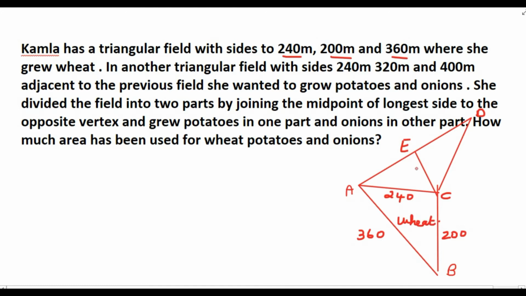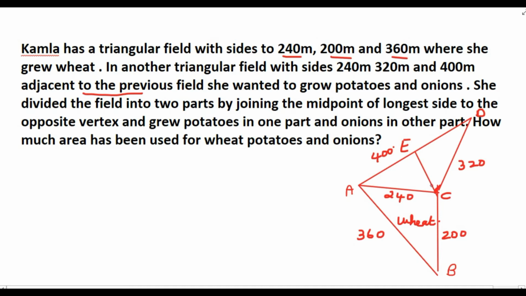In another triangular field which is adjacent to the previous field, so one more triangular field is there adjacent to this field, with sides 240 meter, 320 meter and 400 meter. She wants to grow potatoes and onions.